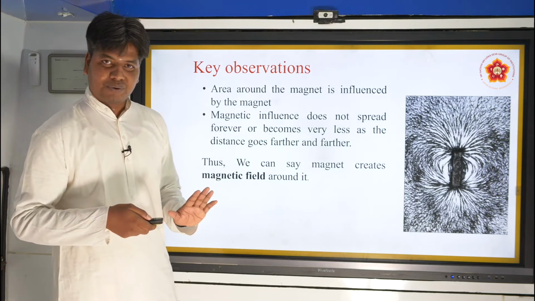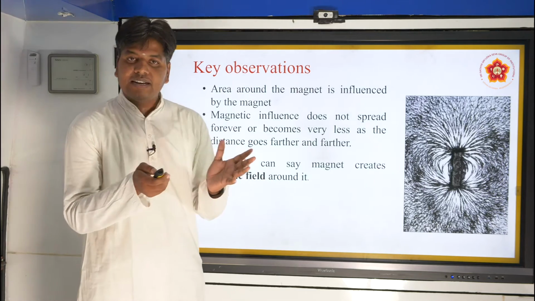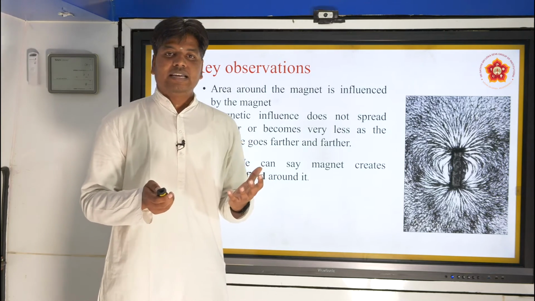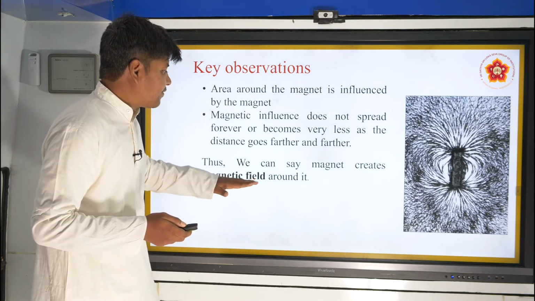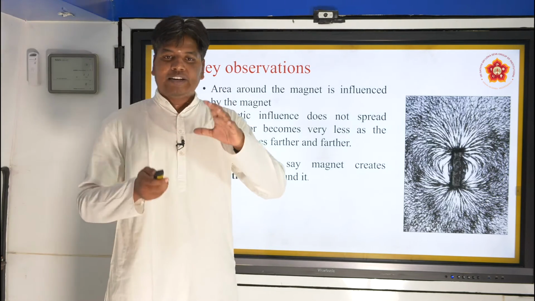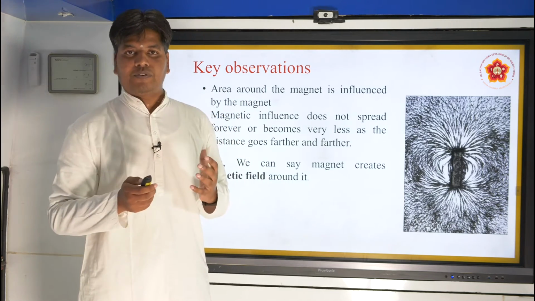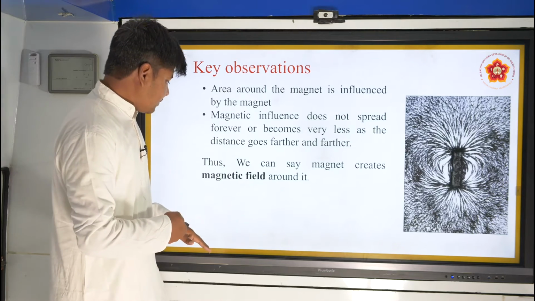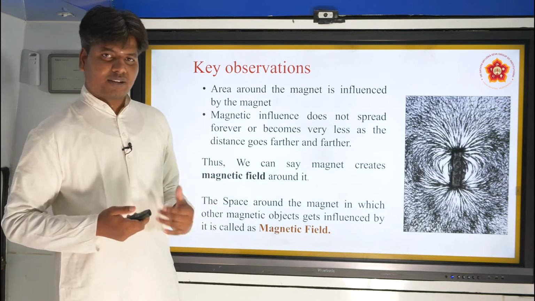Thus, now we can say that a magnet creates a magnetic field around it, which we call a field. It is influencing the space around it, which we call a magnetic field. If you place a magnet, it has an influence around it, depending on its magnetic power. Now, how do we define a magnetic field? That's what we discussed now, right?